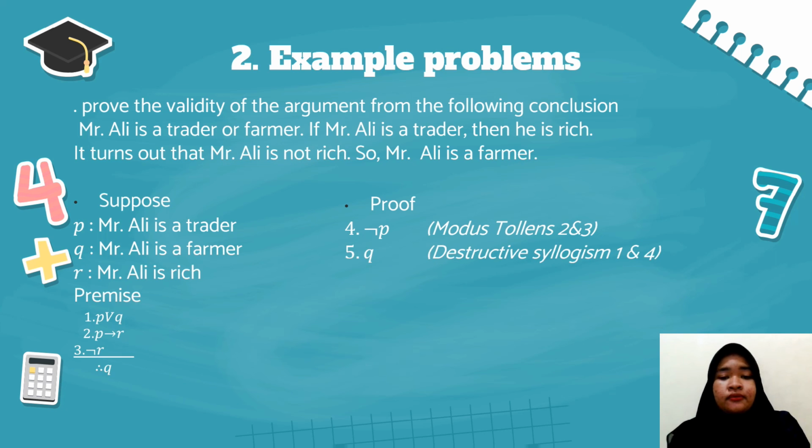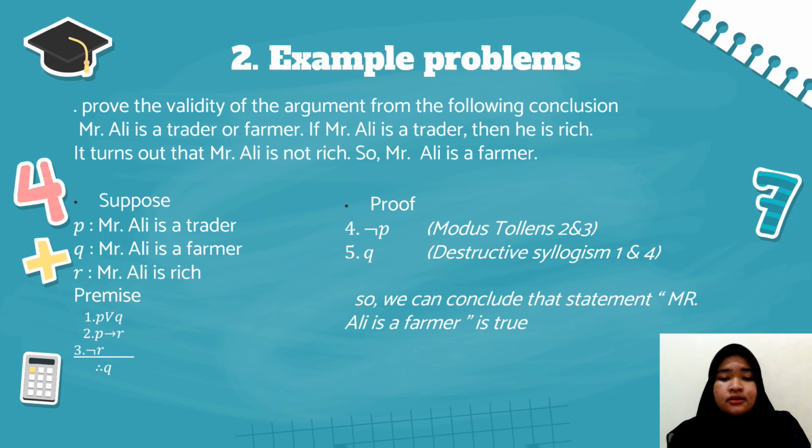And then we get Q. We get Q from destructive syllogism of the first premise and the fourth premise. So we can conclude that the statement Mr. Ali is a farmer is true.